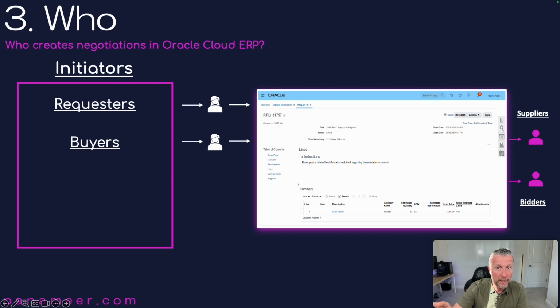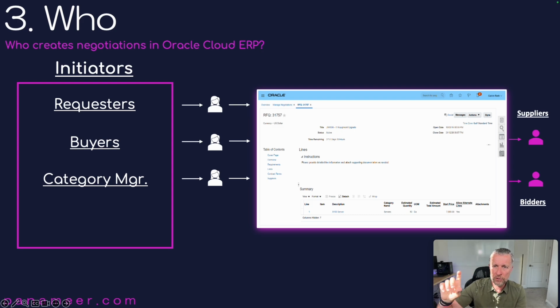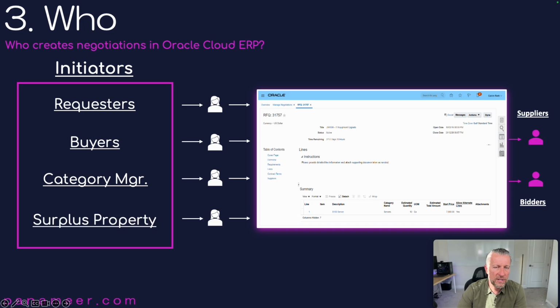But a buyer, as part of a sourcing program, could periodically, quarterly, come and perform a negotiation. Then we have a category manager who may do something similar at a higher level and invoke lots of other buyers to measure against a category-based objective. And then obviously, like we talked about, surplus property.